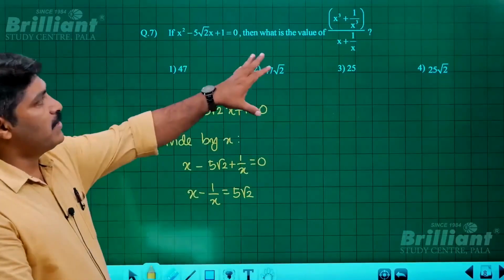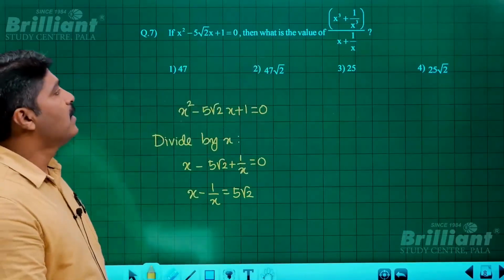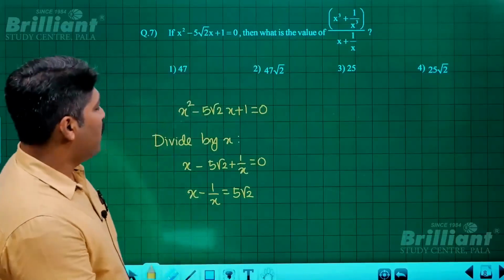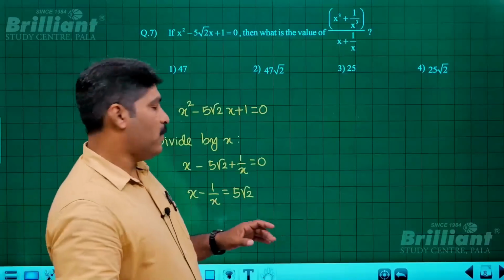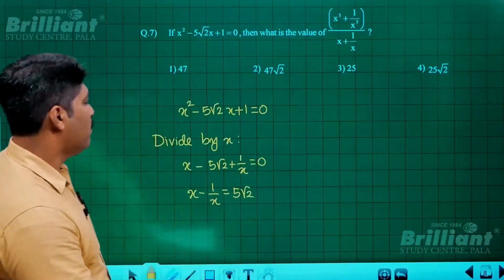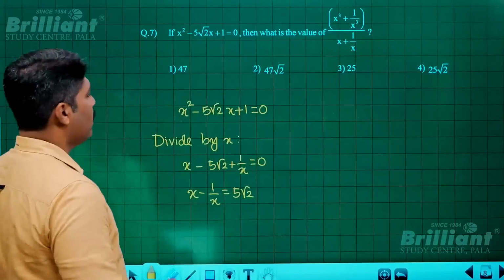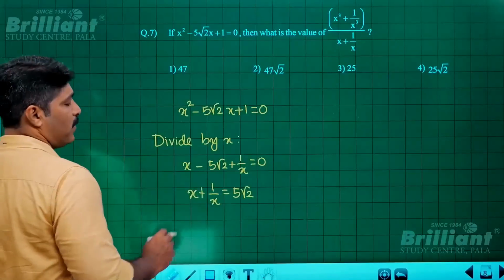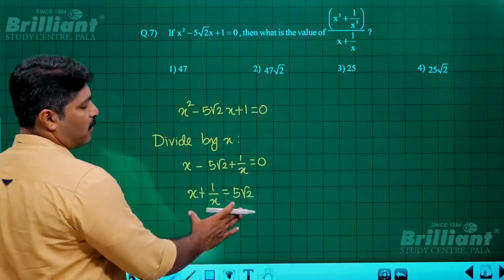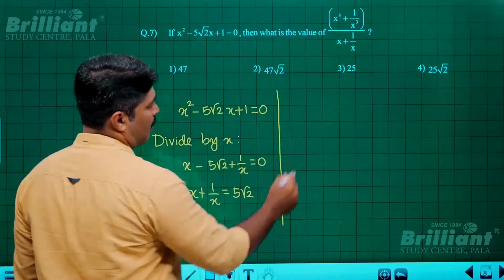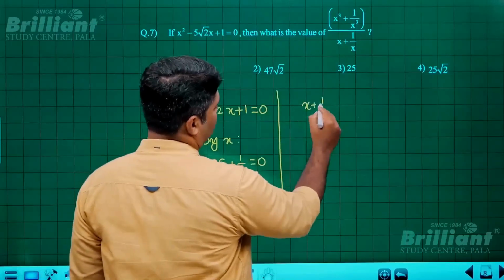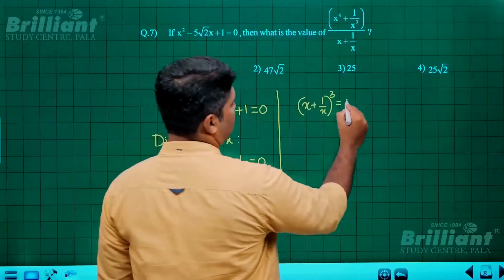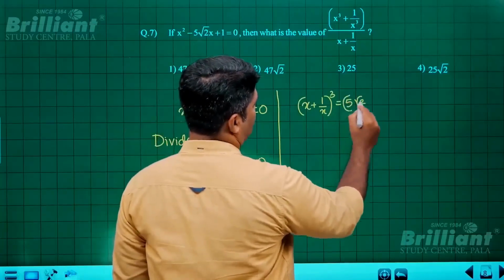How to find x cube plus 1 by x cube? You just take the cube of this expression. So x plus 1 by x the whole cube, and on the right side, 5 root 2 the whole cube.